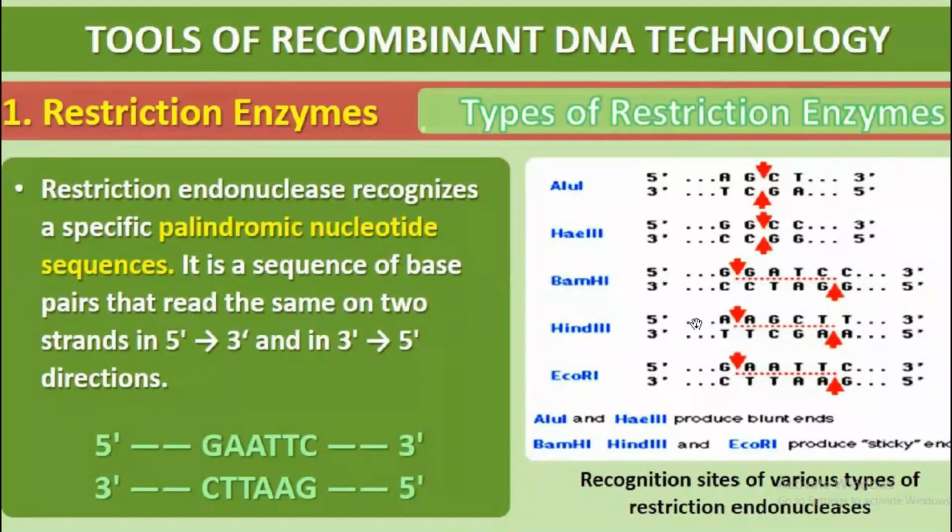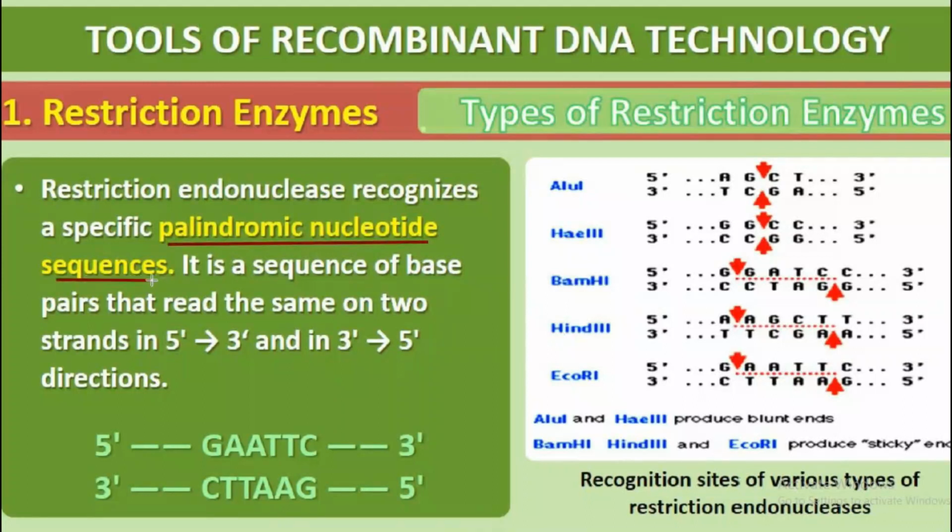So actually, what is that specific recognition site? That is known as palindromic nucleotide sequence. That specific site in the DNA is known as palindromic nucleotide sequence.